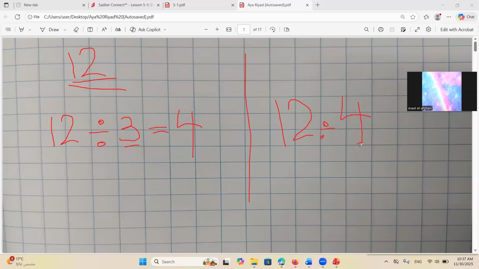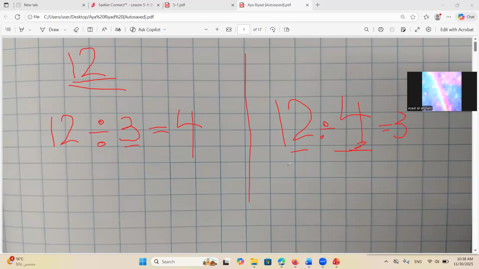So here 4 is the number of cups, and I need to find how many straws are in each cup. So the same story, we are dividing 12 by 4. So we are asking ourselves, 4 times what gets us to 12? So of course the answer is going to be 3. Teacher, okay.